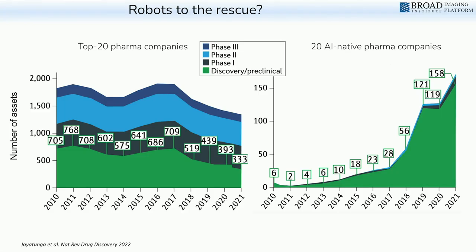And there are some signs of enthusiasm. Not only are there many companies starting from scratch, using AI as the very foundation of their goals for biomedical discovery, but also among the top 20 pharmas, they're incorporating a lot of AI tools in their workflow these days. So there's a lot to be enthusiastic about.